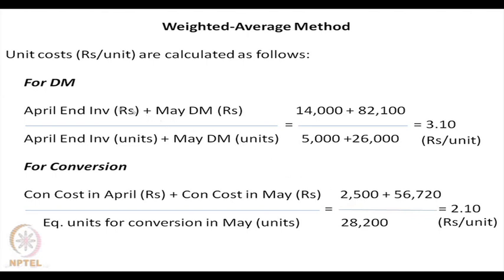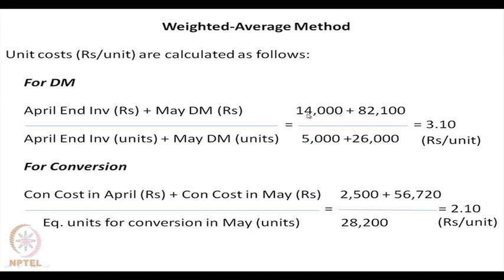Now, they are separately accounted for. 5,000 items had 14,000 rupees direct material cost. For the 26,000 items produced in May, the direct material cost was 82,100. Therefore, the unit cost in the weighted average method would be this plus this divided by this plus this.